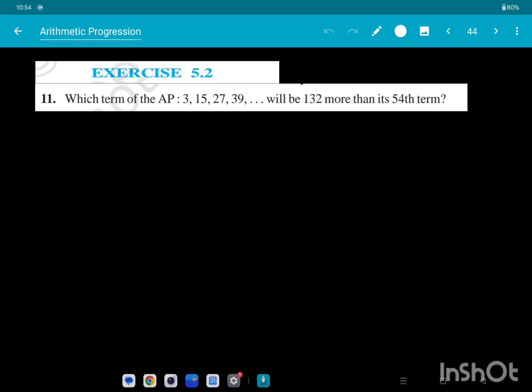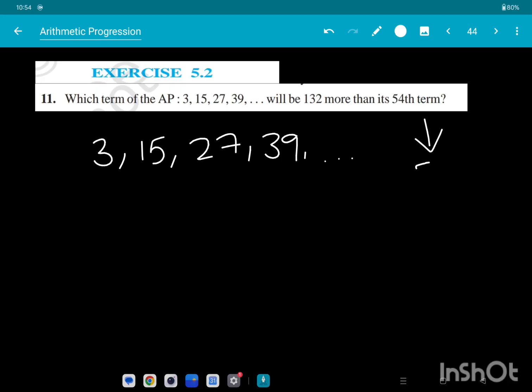Now next question. Which term of the AP will be 132 more than its 54th term? So I will tell you the question. It was given the AP 3, 15, 27, 39 and so on. So here we need to find the 54th term. If I find the 54th term, then we need to find the next term which will be 132 more than that.